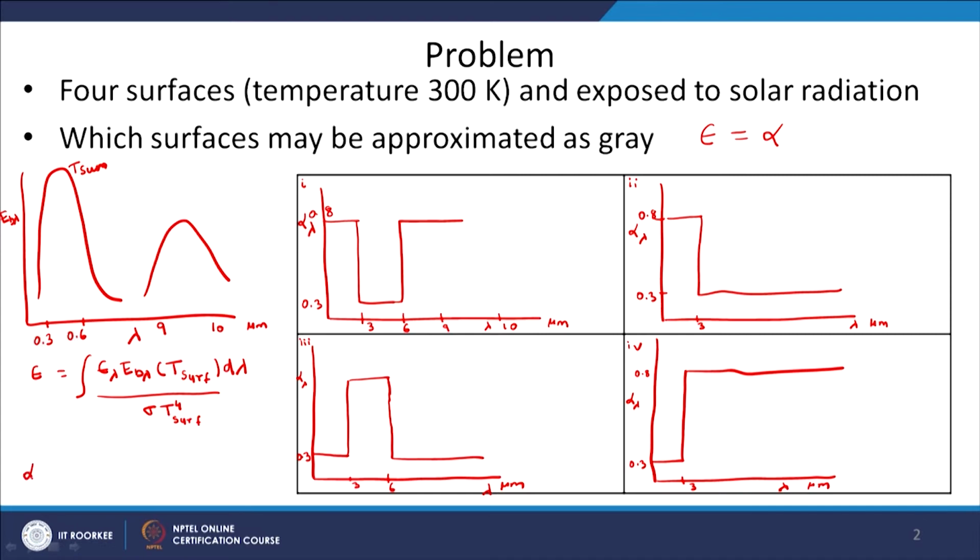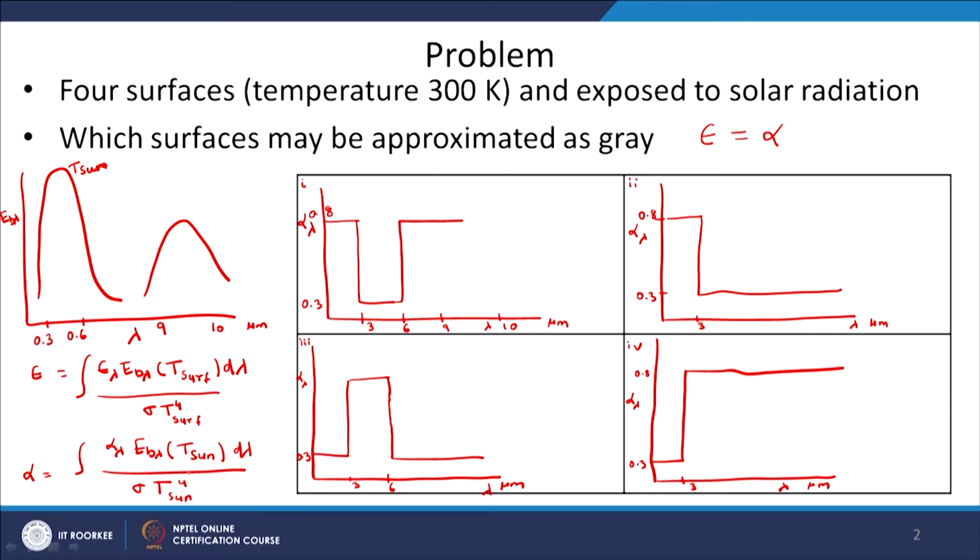Absorptance we define as the integral of alpha lambda E b lambda at the temperature of the sun d lambda, divided by sigma T to the power 4, where T is the sun temperature.